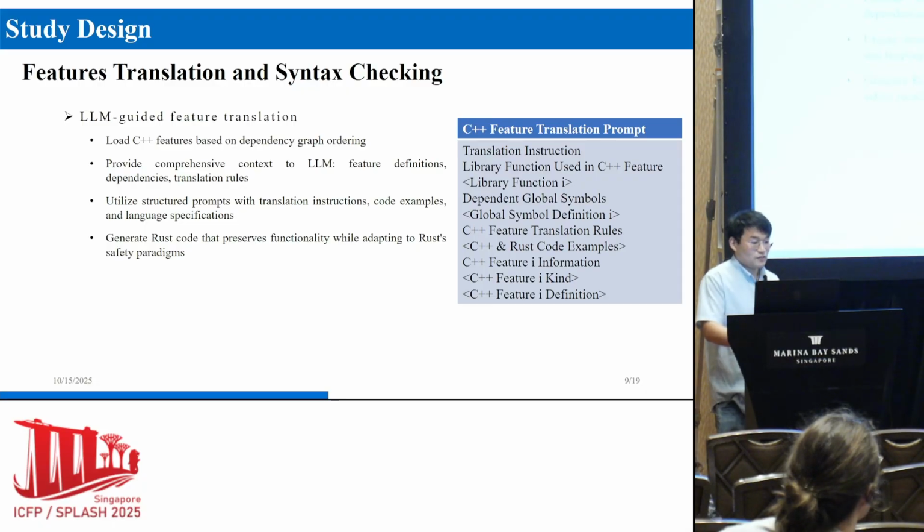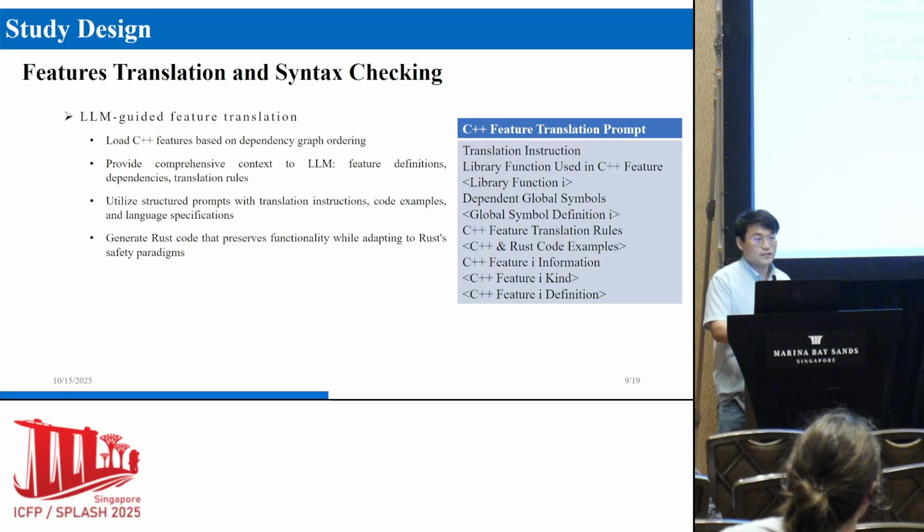Thus, we first load the C++ features and provide a comprehensive context to the LLM, such as the feature definition. This is the code snippet, the dependencies are the dependent global symbols, and the translation rules.